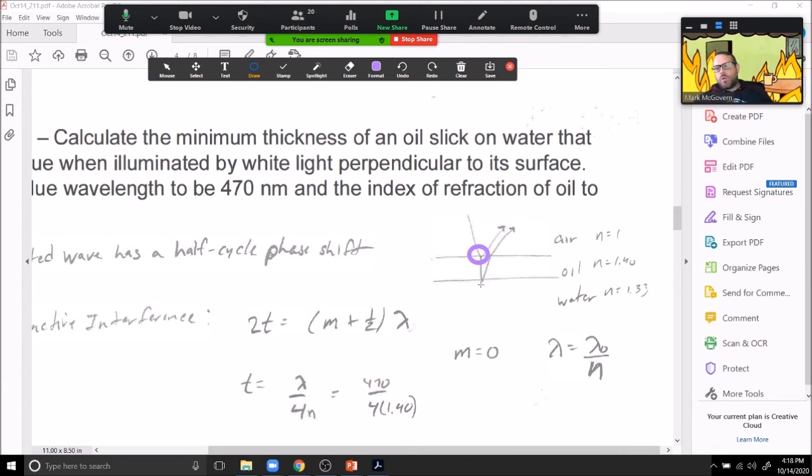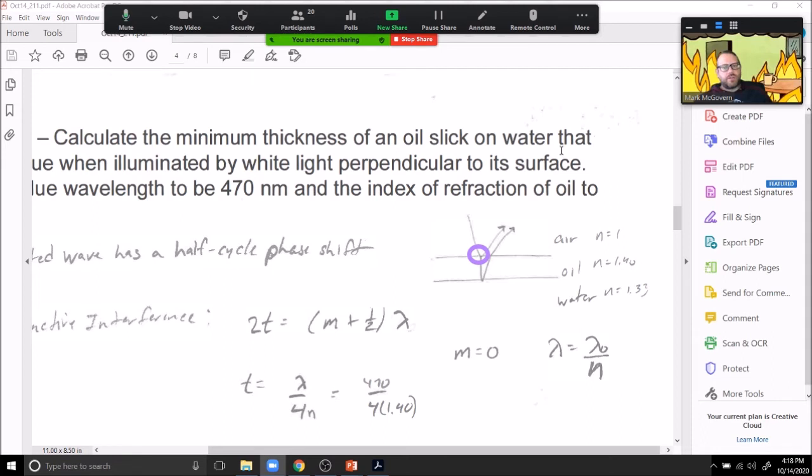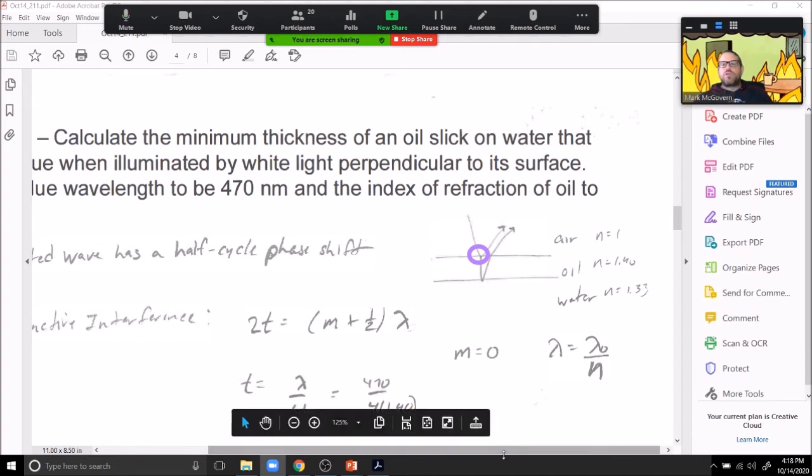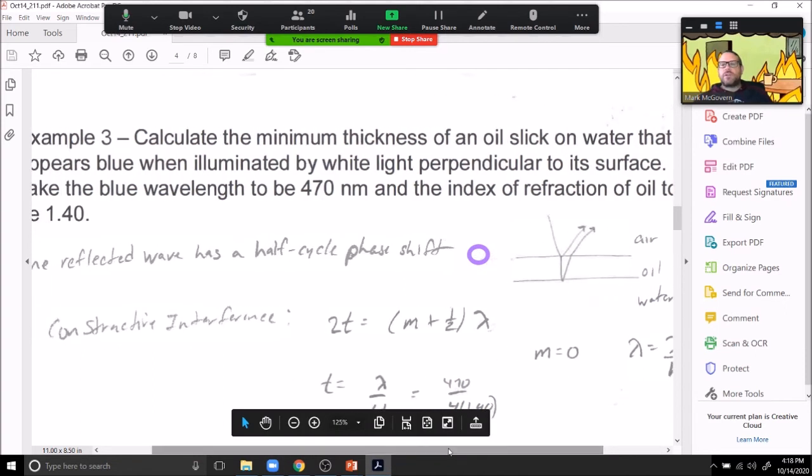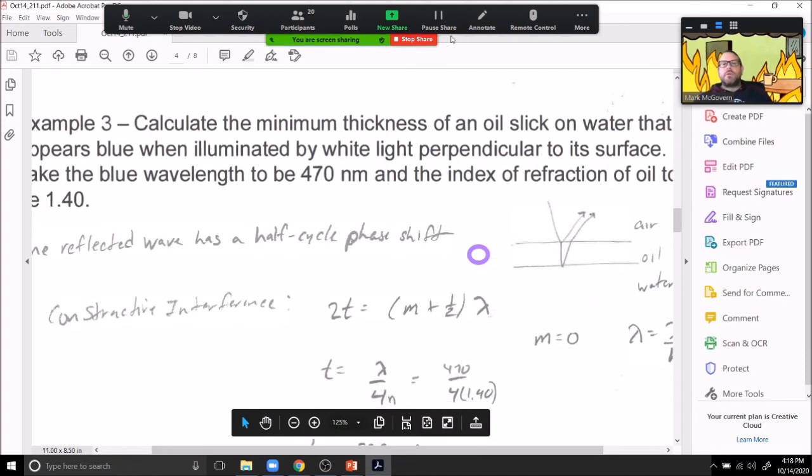Now, what's the oil-water boundary? Well, you're going from higher to lower. No phase shift there. So we have determined now that we do have a relative phase shift. The top phase shifts, the bottom does not. There's a relative phase shift. So our constructive interference relationship has the half integer wavelengths in it.